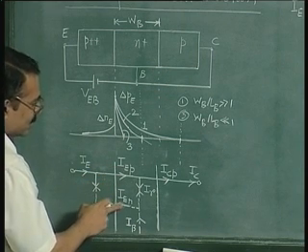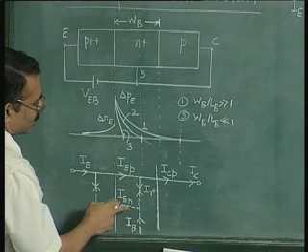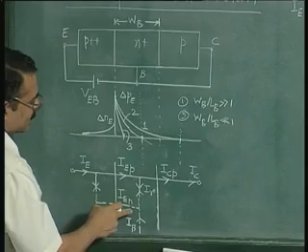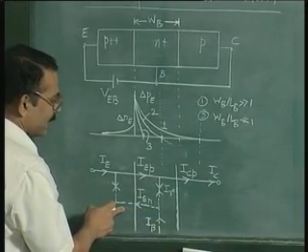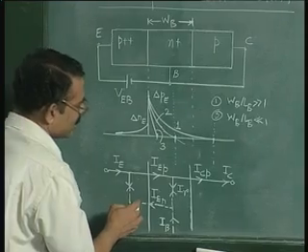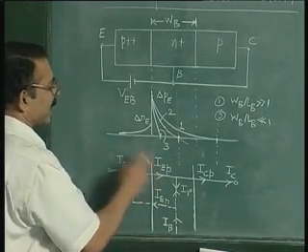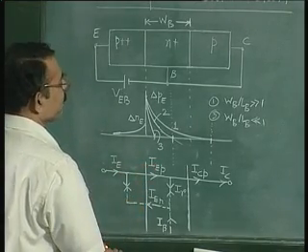I want to emphasize that the arrow here indicates the direction of flow of carriers, and since the dotted line is for electrons, the flow of electrons is in this direction, but the current because of electrons is in the other direction, which is the same as the current because of holes. So both these currents add up.